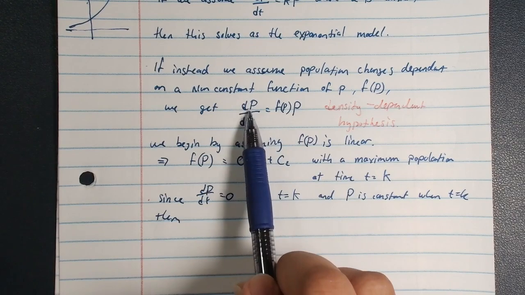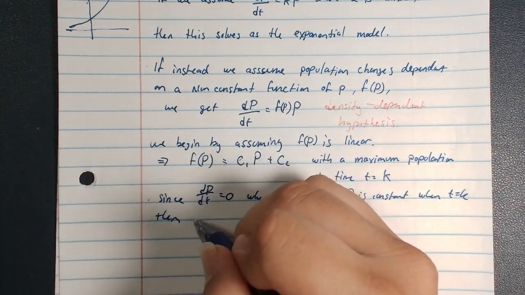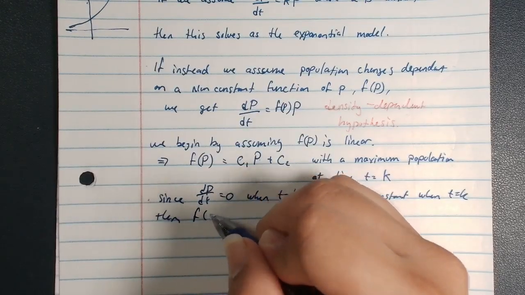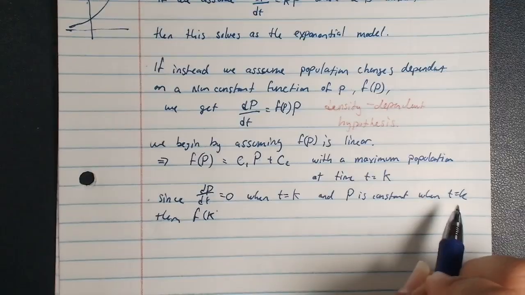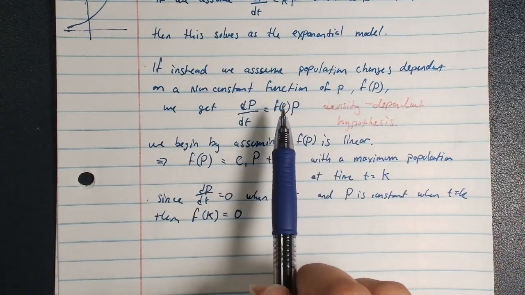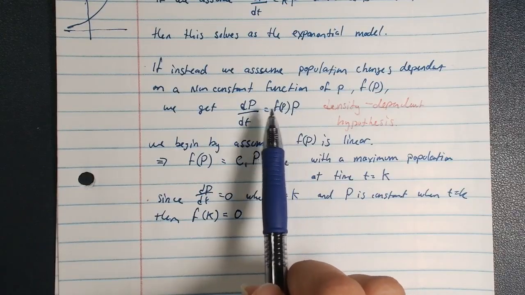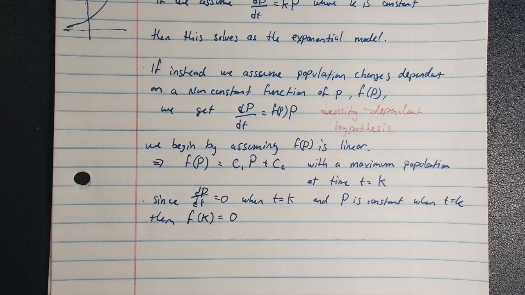Oh, sorry, this is 0, and this is a constant, so this must be 0. So that means f at that time k, when you've reached your maximum population size, is going to equal 0 as well. You have some constant times something is equal to 0. Well, then this function must be equal to 0. So f at k is 0.